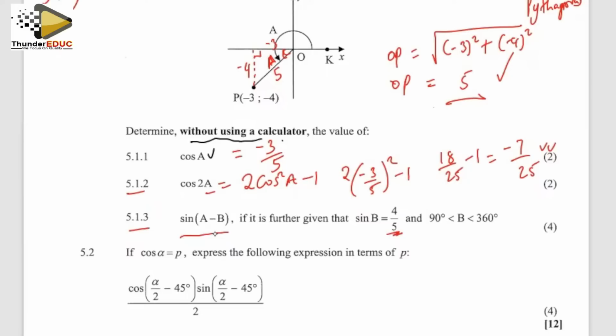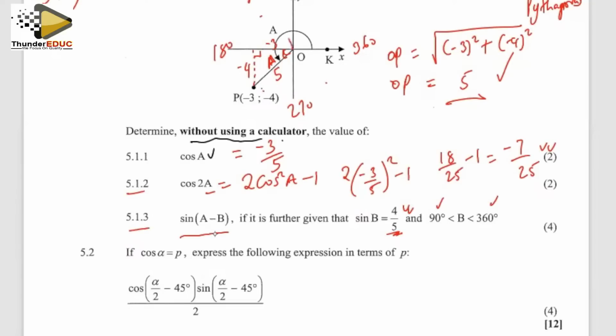Sine B is 4 over 5, but B is between 90 and 360. So from this point, because this is our 90, 180, 270, and then 360, this ratio is positive. So in these 3 quadrants, we know that sine is positive just in the second.